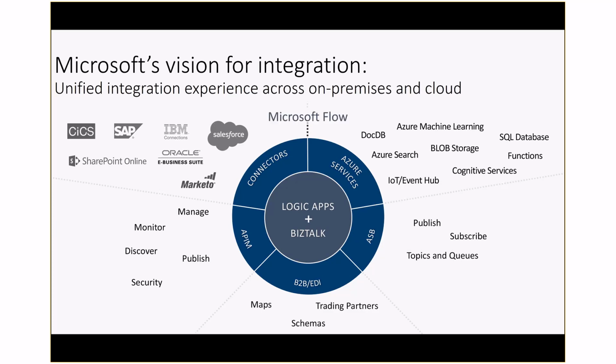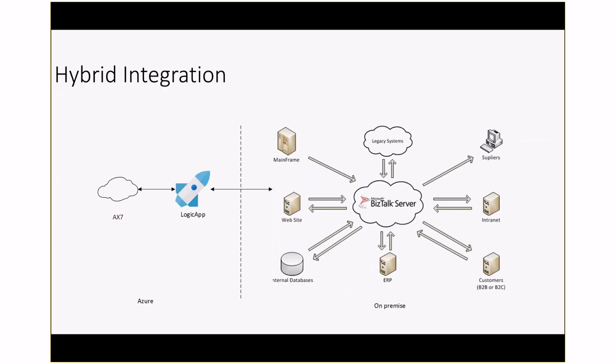A simplified version of Logic Apps is Microsoft Flow, and Microsoft Flow would basically let you orchestrate some of these simpler integration solutions. Obviously, if you want an enterprise-grade, much more custom-driven integration orchestration, then you would use Logic Apps. If you want even more advanced, granular integration scenarios, then you would continue to use BizTalk or other integration providers.